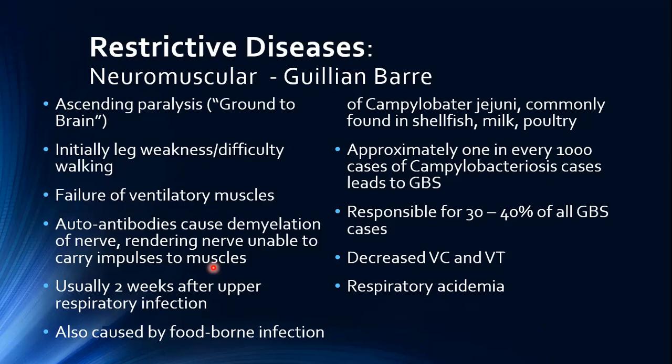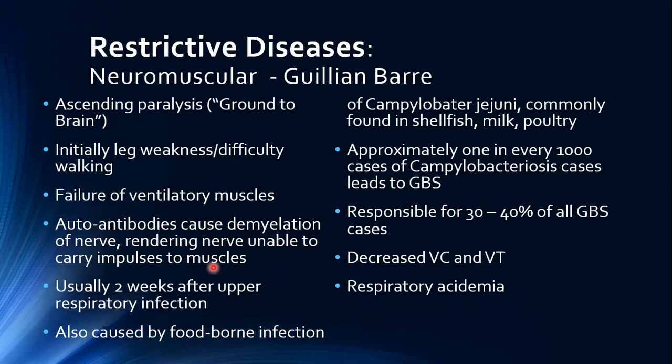Now, what causes this upper respiratory infection? Usually caused by a foodborne infection, right? You can get it from just a regular respiratory infection, or you can eat something that's not cooked properly, right? A foodborne infection, like it says, of Campylobacter jejuni, commonly found in shellfish, milk, and poultry.